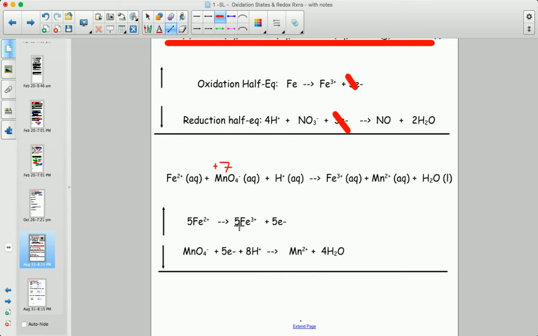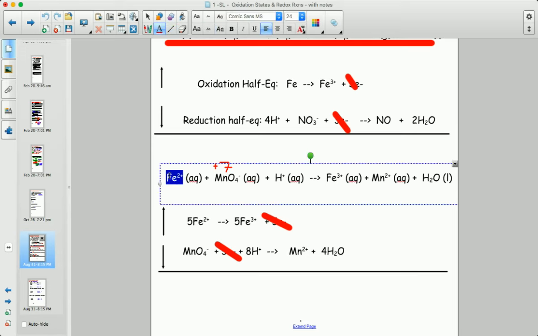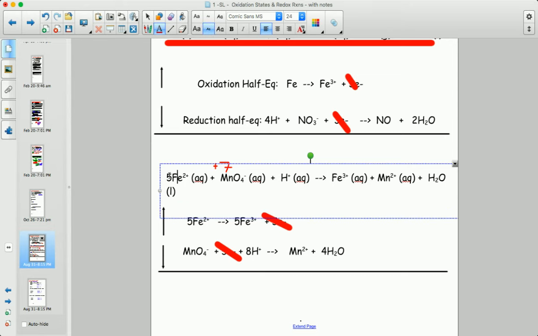If I want to cancel out those electrons, they go away. Nothing else cancels. And so in this case, the final balanced equation, I'll go back to this one and edit it. There's a 5 in front of the irons. There's an 8 in front of here. There's a 5. And our poor water that got squeezed out is a 4.